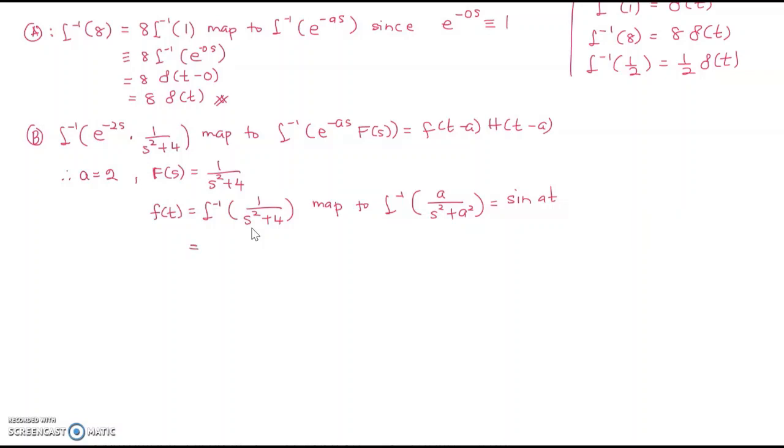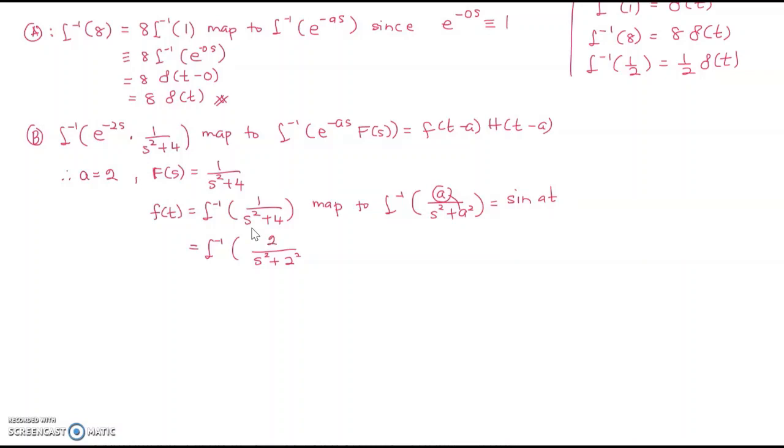Okay, a little bit of manipulation here. Do the denominator first. We have s squared plus 4, in terms of a squared is 2 squared. So at the top it should be a, tally with the a at the denominator. So at the top we should have 2.